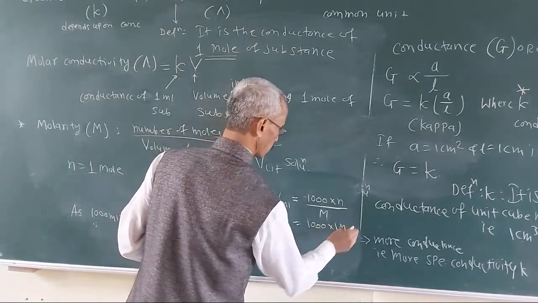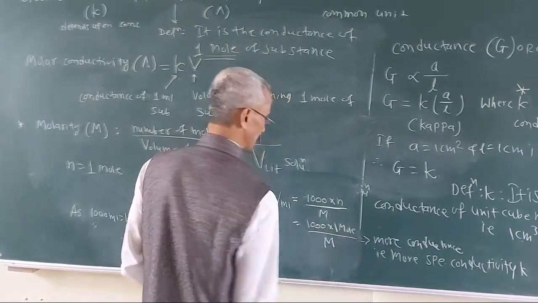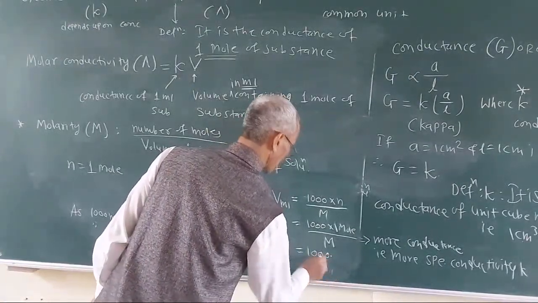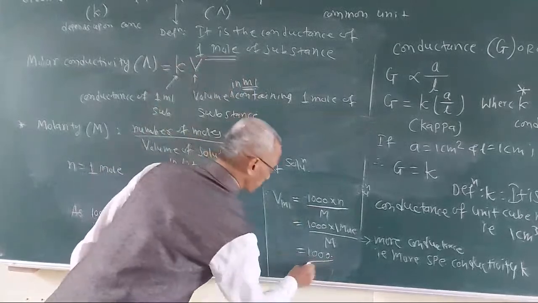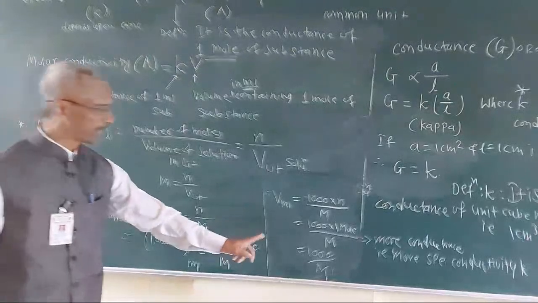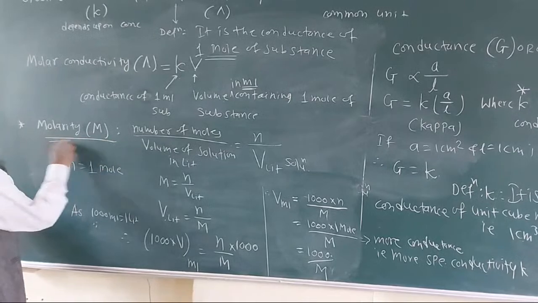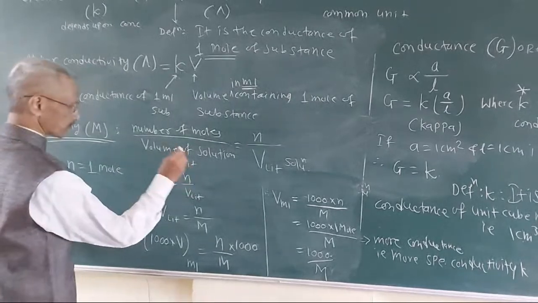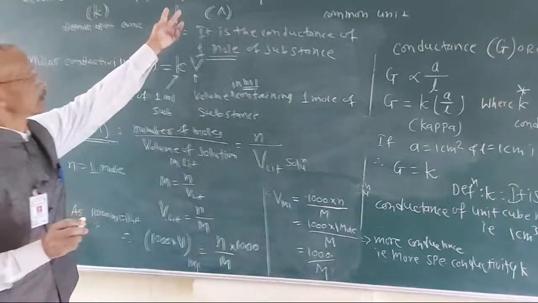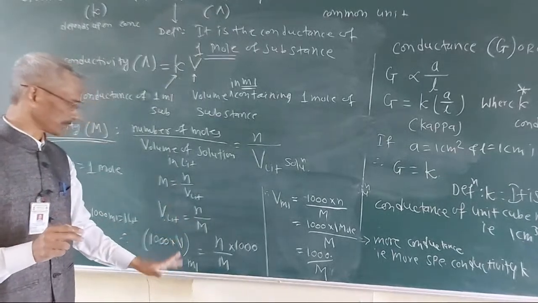So V in ml is nothing but 1000 upon M, where M is the molarity. n is the number of moles, and for the specific or molar conductivity, only 1 mole is considered. n is equal to 1 mole.